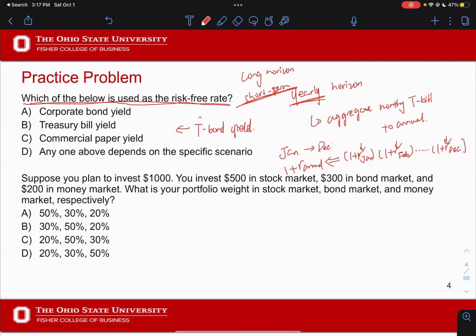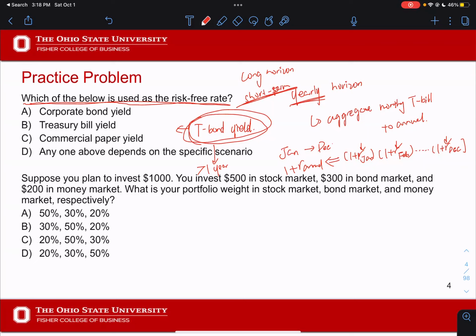But I agree that sometimes you can use the treasury bond yield, especially when you are analyzing some investment, say for more than 1 year, and you don't plan to take your money out for the whole horizon.